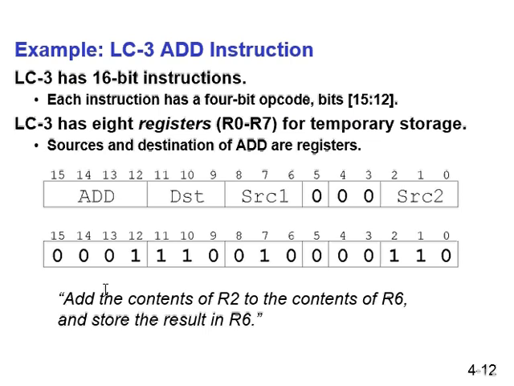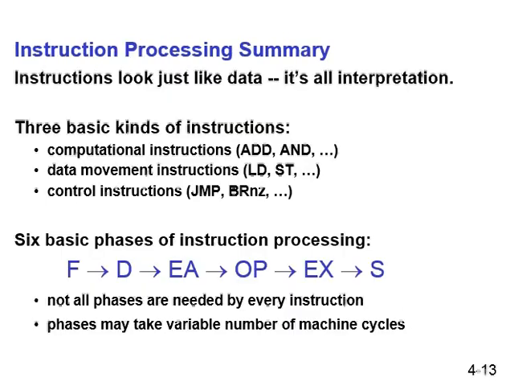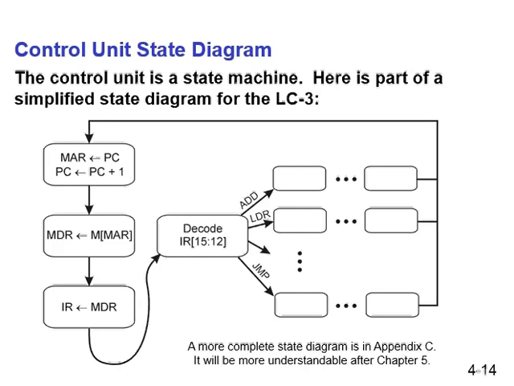This is the opcode, the destination register, source 1 and source 2, and you have a bit field, which is 1 or 0 depending on whether source 2 is a register or an immediate value. Instruction processing depends on the kind of instruction, but we have 6 basic phases. When we go to the control unit state diagram, we see this in more detail.